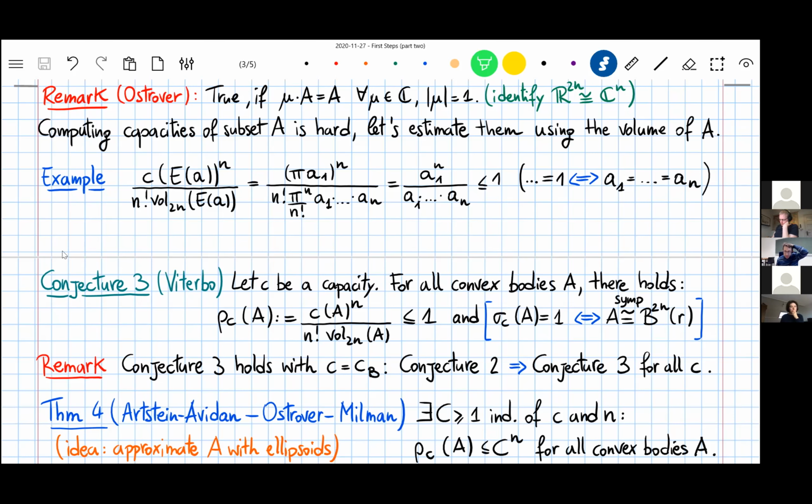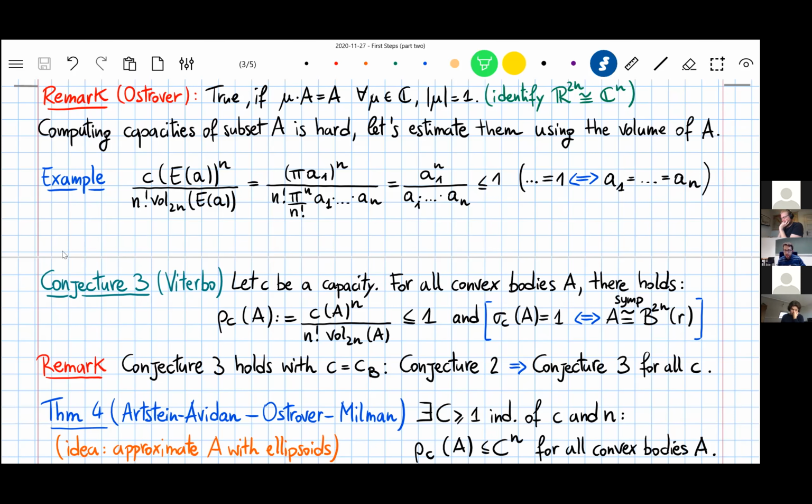But in general, computing capacities is a hard task. If you have some symmetry, as in this case, you can do it, and in the paper I was mentioning by Hutchings, Guth, and Ramos, they also exploit symmetries to find capacities in some cases. But in general, it's a bit of a hopeless task.